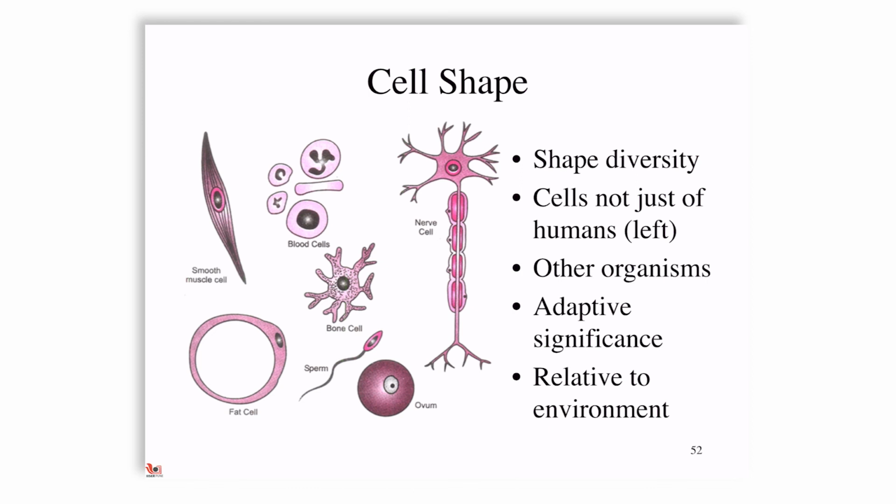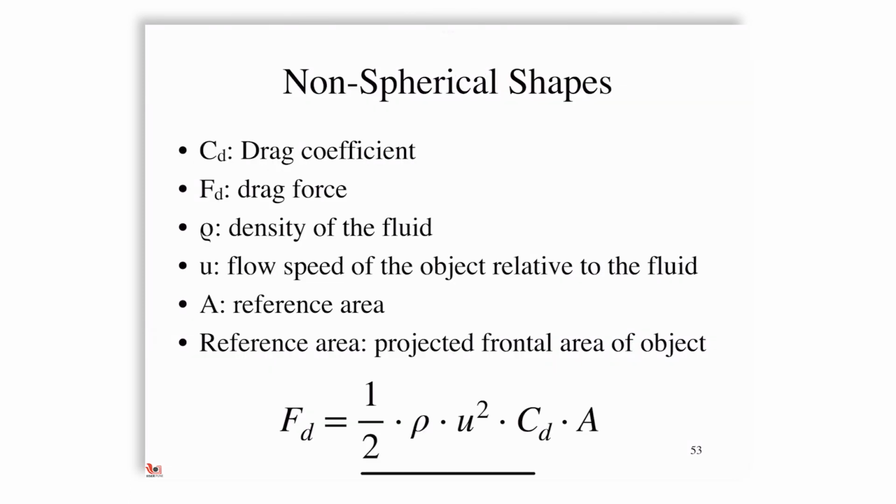So the size difference: the longest axon of a nerve cell, the spinal cord neuron, can be a whole meter long. Smooth muscle cells, 30 microns, 40 microns, spindle shaped. Blood cells can be in tens of micrometers in length. So all this indicates that there may be a reason to think about shapes other than spheres.